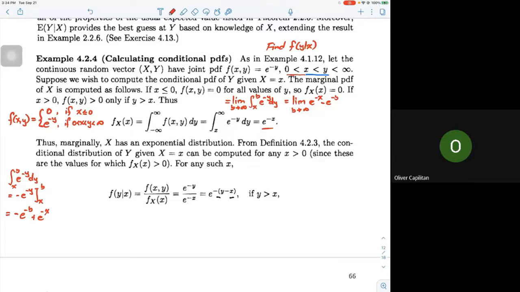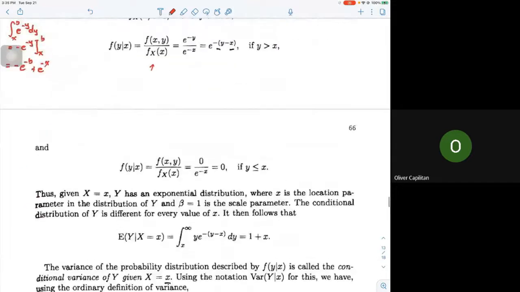So here, this is our goal. We have the conditional distribution of y given x equal to this. Then we have our joint PDF over our marginal, and we have this. Okay, it's very clear. We have the expectation of e to the negative quantity y minus x. Again, the conditional distribution of y given x is also an exponential distribution.